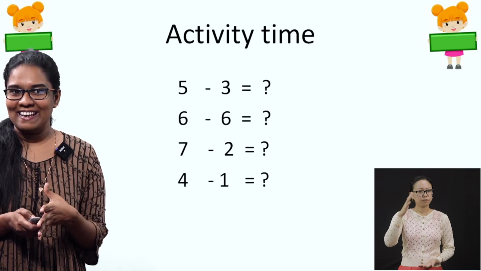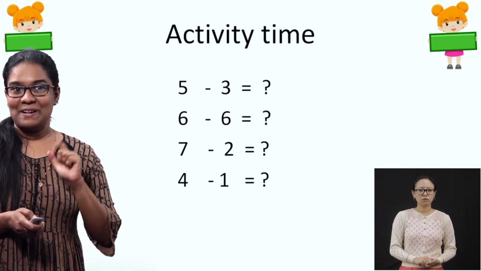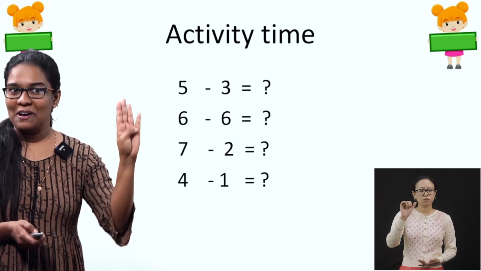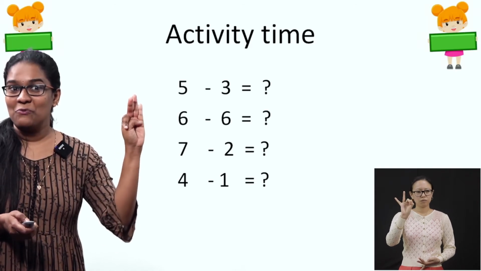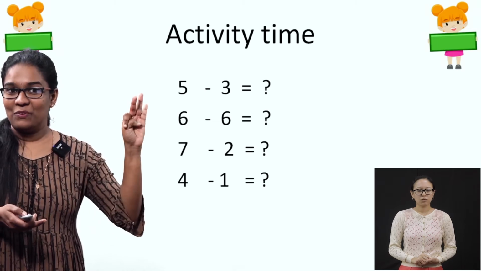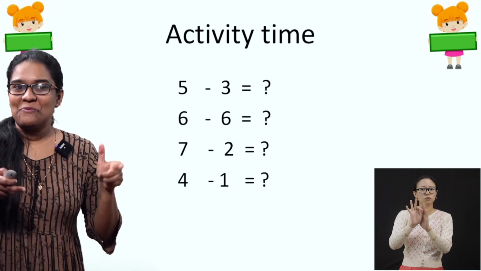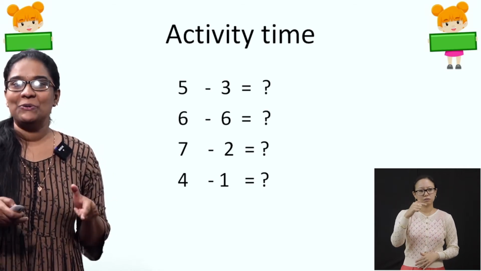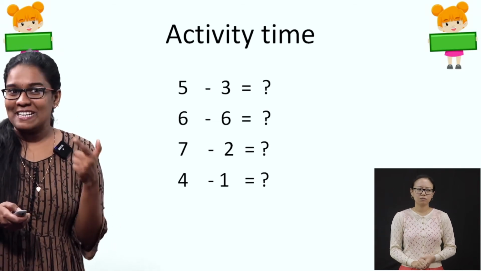Then 5 is now in our mind. Then you start counting from 4, the next number after 3. 4, 5. Then we get 2. Yes, that is 5 minus 3 is equal to 2. Always keep this in your mind.